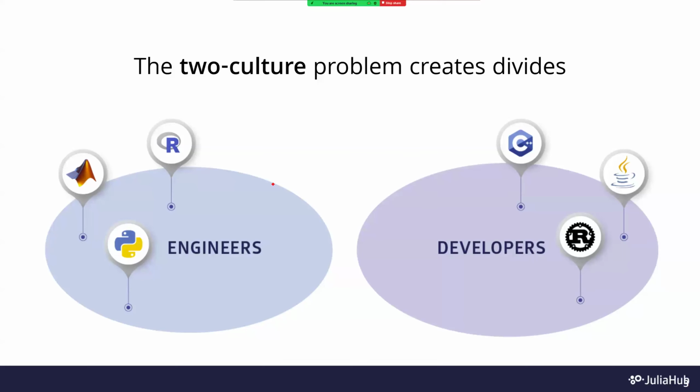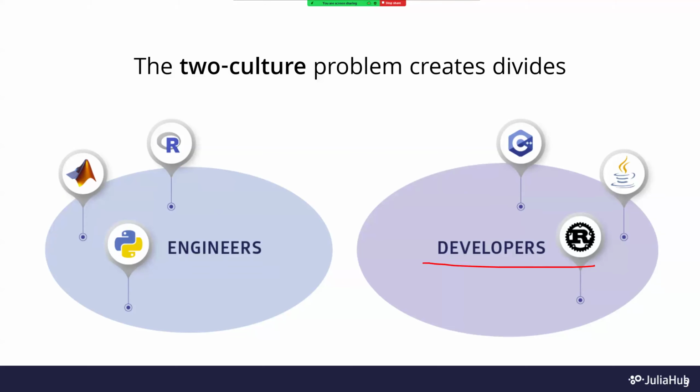Generally, in the research and development phase of a program, engineers and scientists prefer high-level, succinct, expressive programming languages that let them perform research and analysis without having to focus on memory management, low-level programming details, and optimization. Because of this, they tend toward languages such as MATLAB, R, or Python.